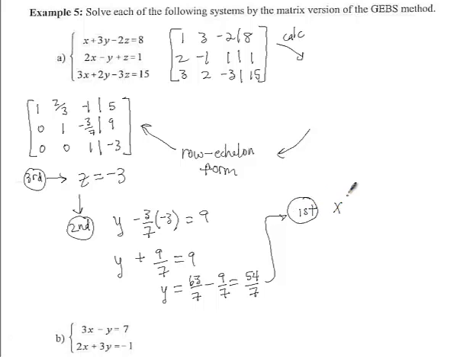We won't have to deal with the fractions too long because this is our last step. But we do have a 2/3 Y. We have a minus Z, and all of that equals 5. We plug in our numbers: 54 over 7 minus a minus 3.